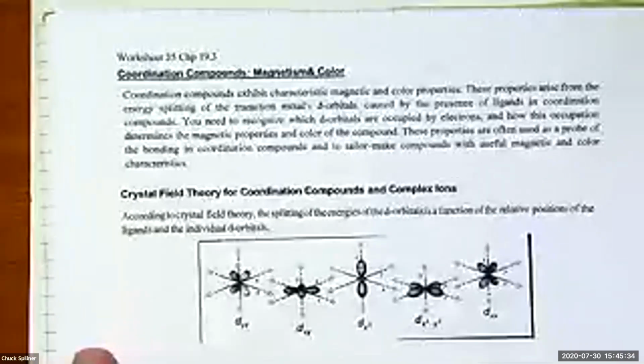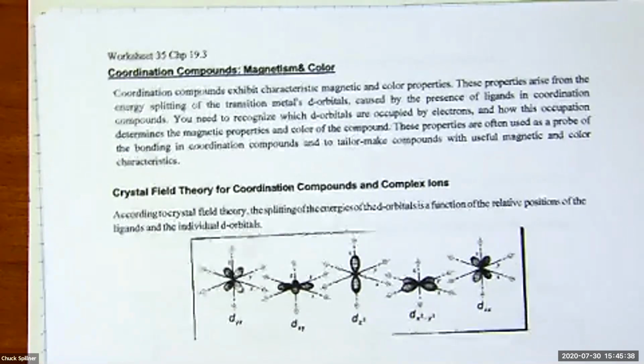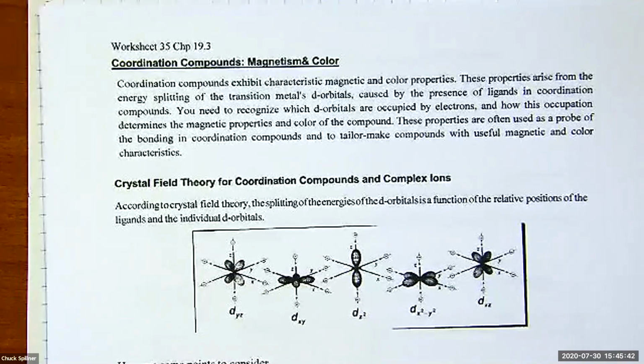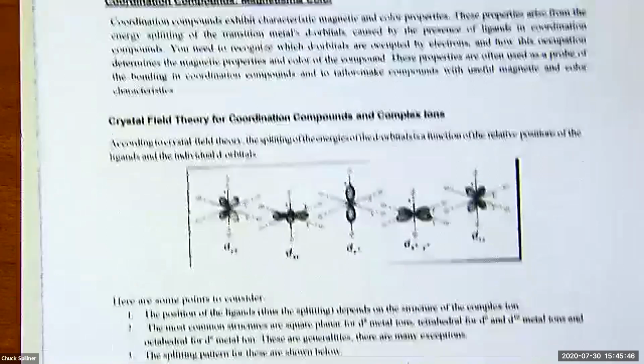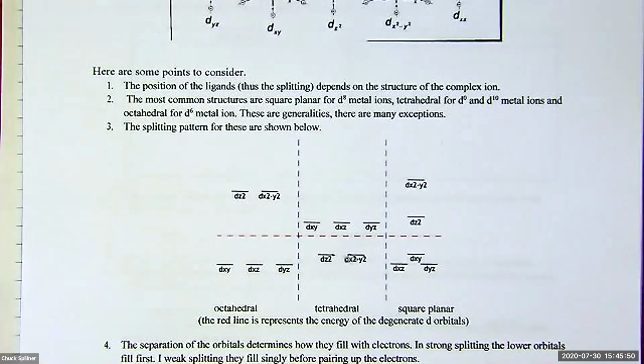The first page of this worksheet 35 is really a summary of what I just went over in lecture, so I'm not going to go over it again, but at the bottom it has a schematic of the octahedral, tetrahedral, and square planar splitting.